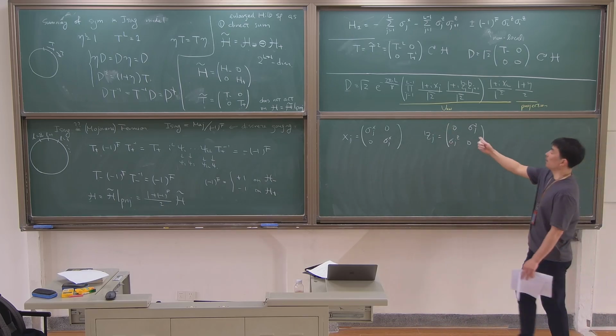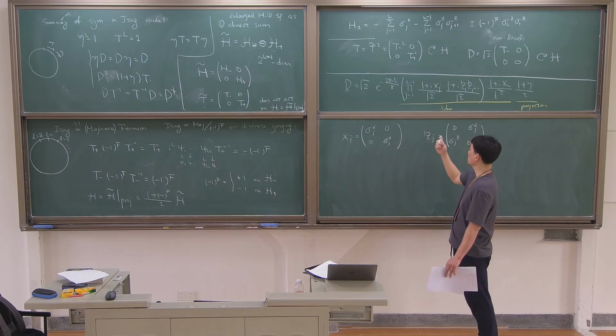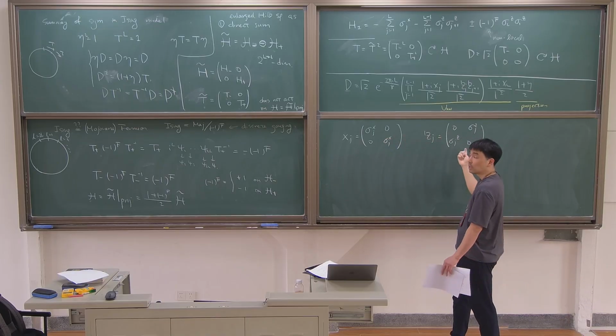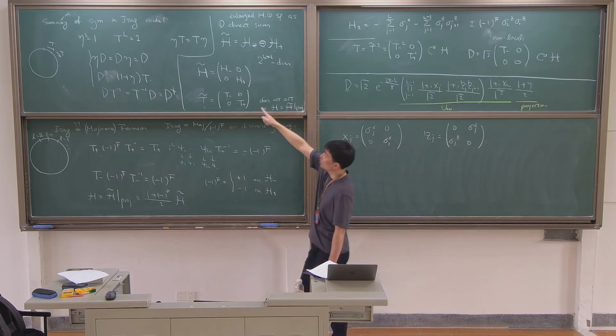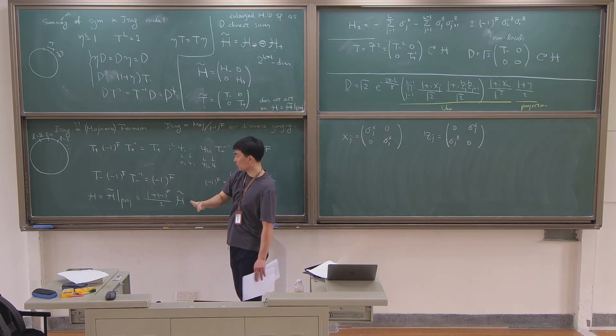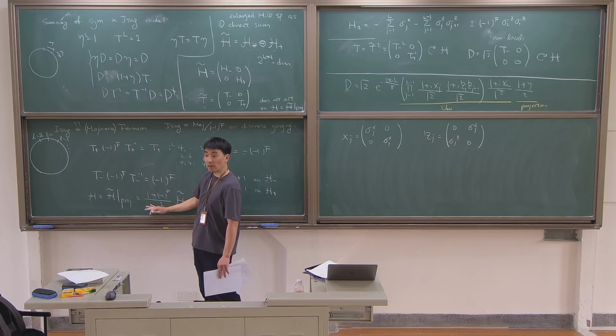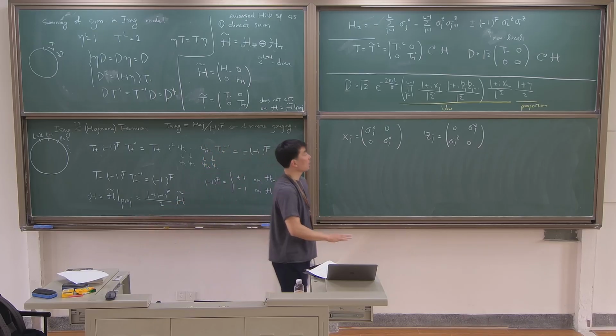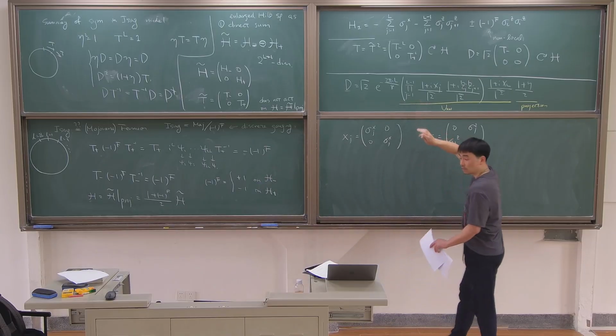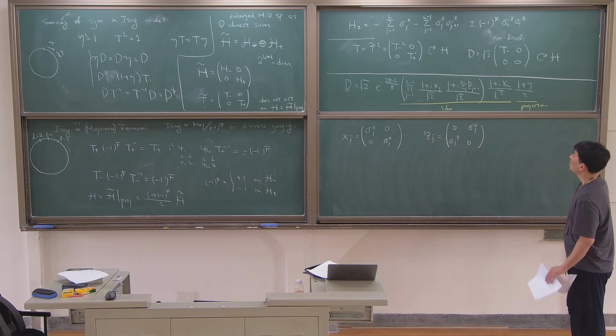So you just identify the capital X and capital Z as these operators acting on this enlarged Hilbert space, and you project it with minus 1 to the F. You get the desired operator.